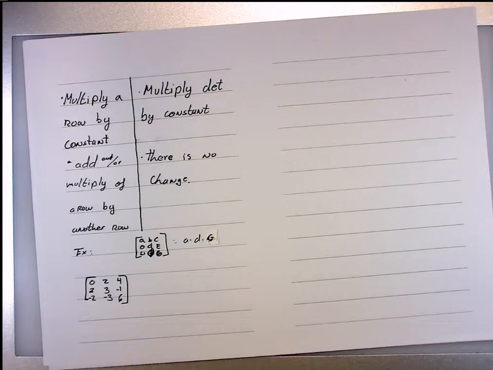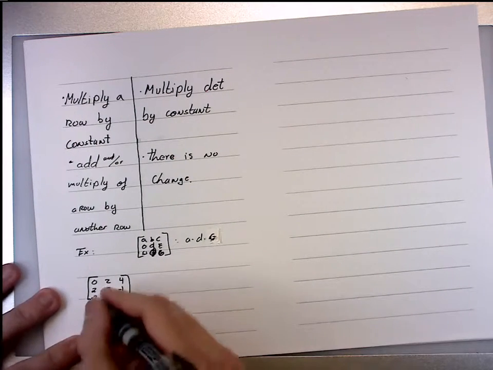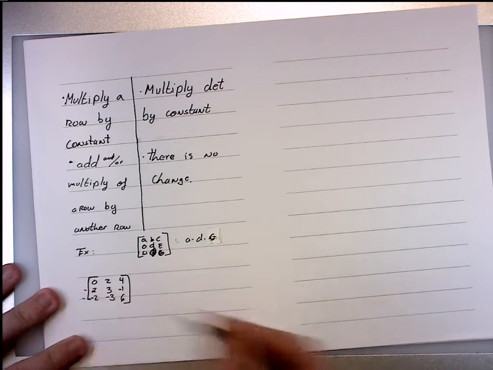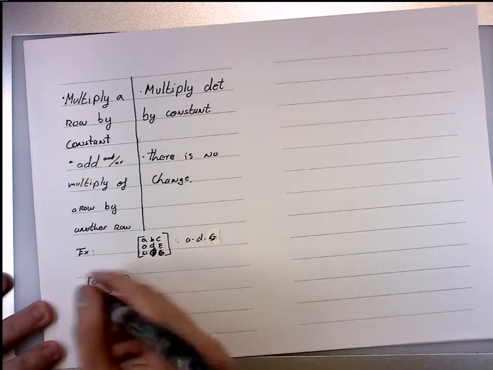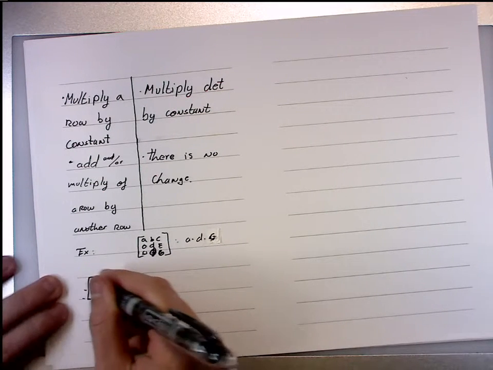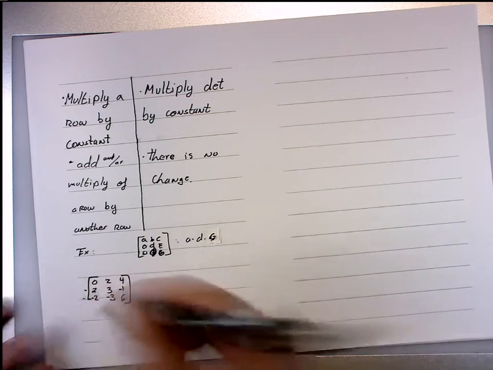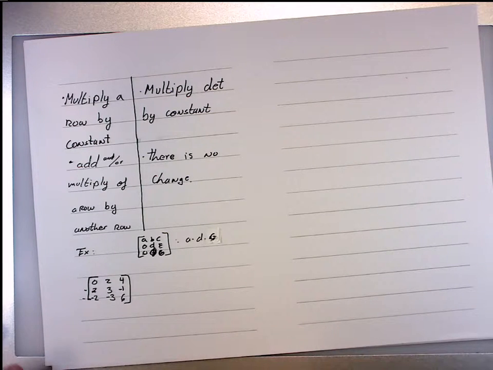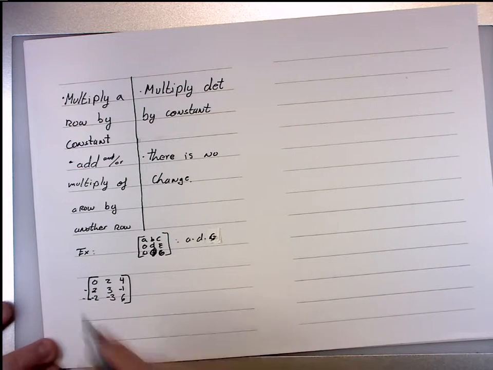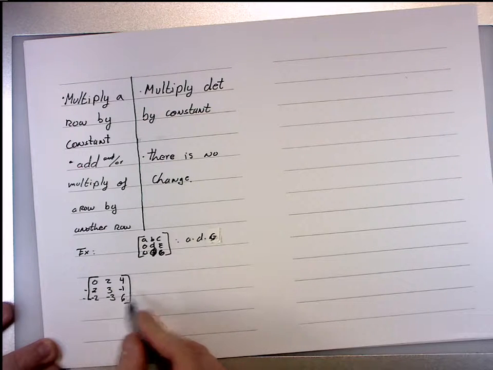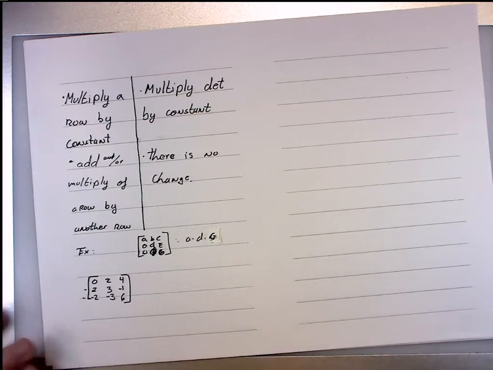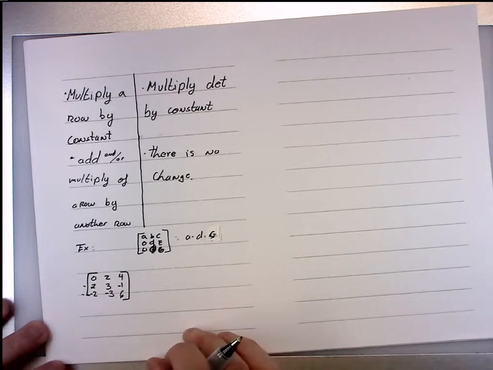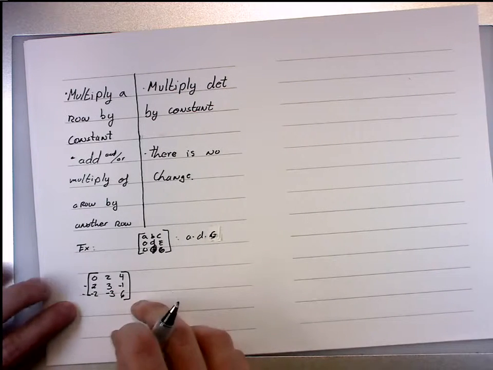What you're going to do first is get a 0 here, or just move a column or row up so you don't have a 0 here. Can you read the matrix again? 0, 2, 4, 2, 3, -1, -2, -3, 6.